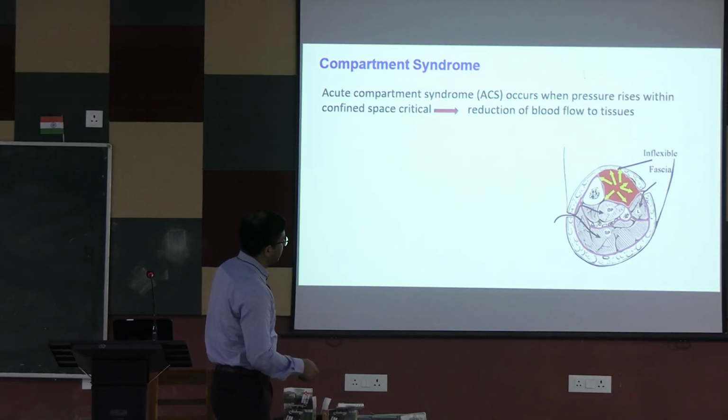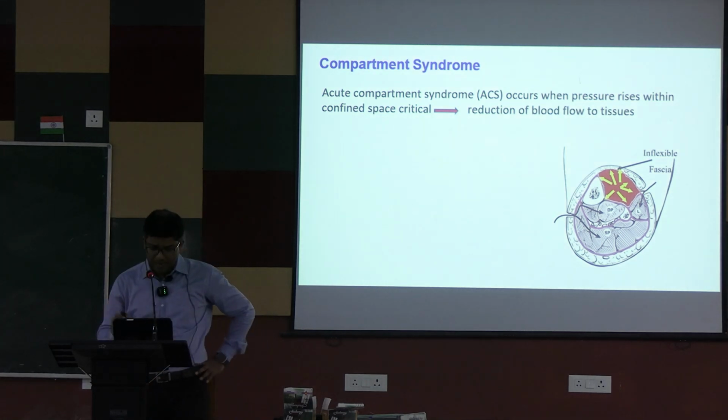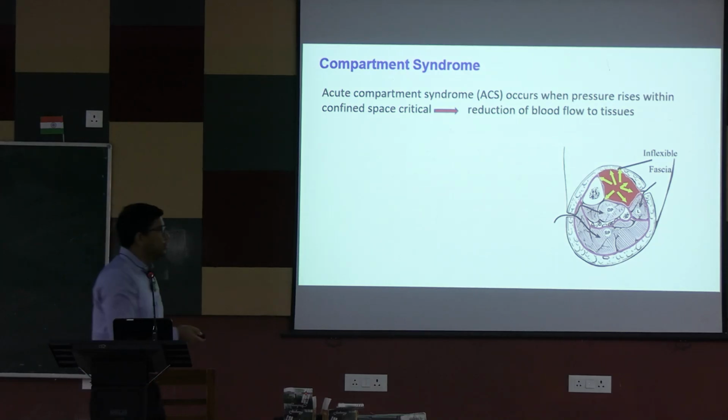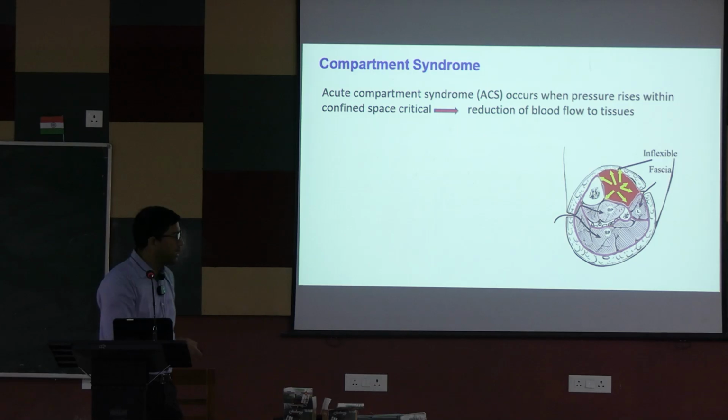These are anterior compartment muscles. These are posterior compartment muscles, and these are all neurovascular bundles. So suppose a fracture happens. There is naturally swelling. What happens if this is a closed space? The skin is there. Then closed osteofascial compartments, different compartments are there with different fascial structure. You have read all these things in anatomy.